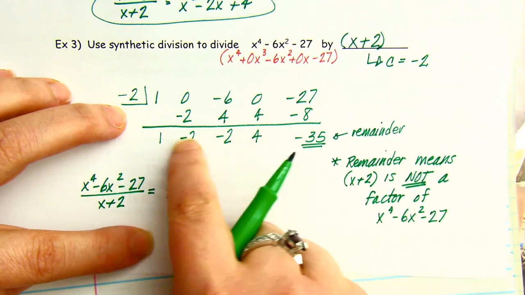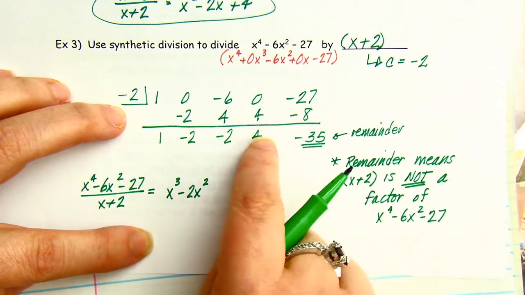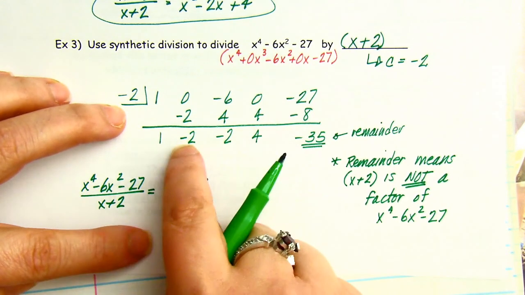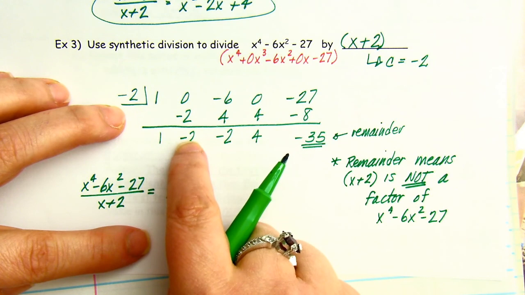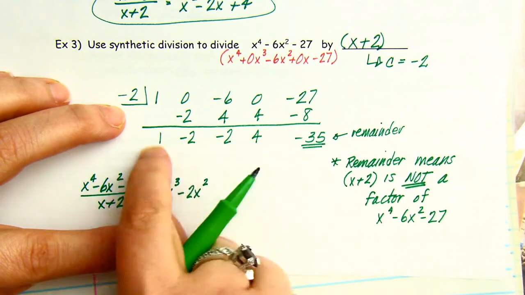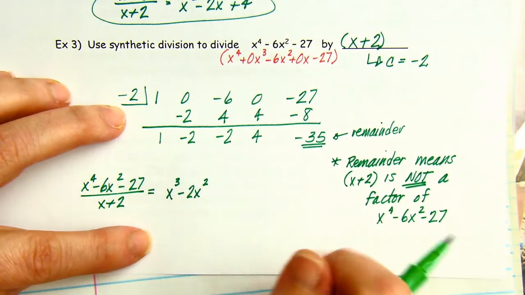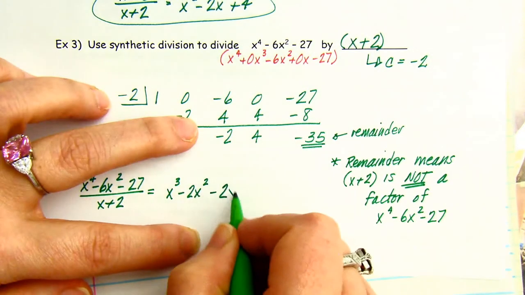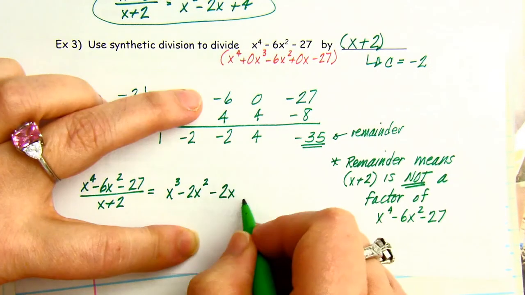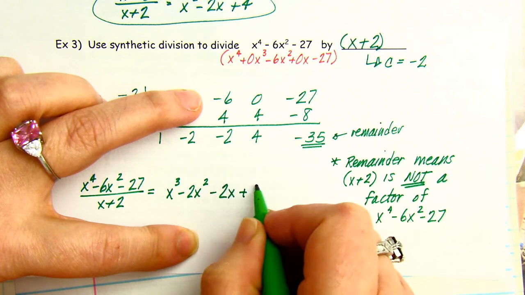Now, if there would be a 0 down here, you don't stop when you get a 0 down here. That just means that term in the polynomial doesn't exist. It just so happens that I have all non-zero numbers here. All right, third power, second power. This is first power, and that's negative 2x. And then, of course, this is my constant.